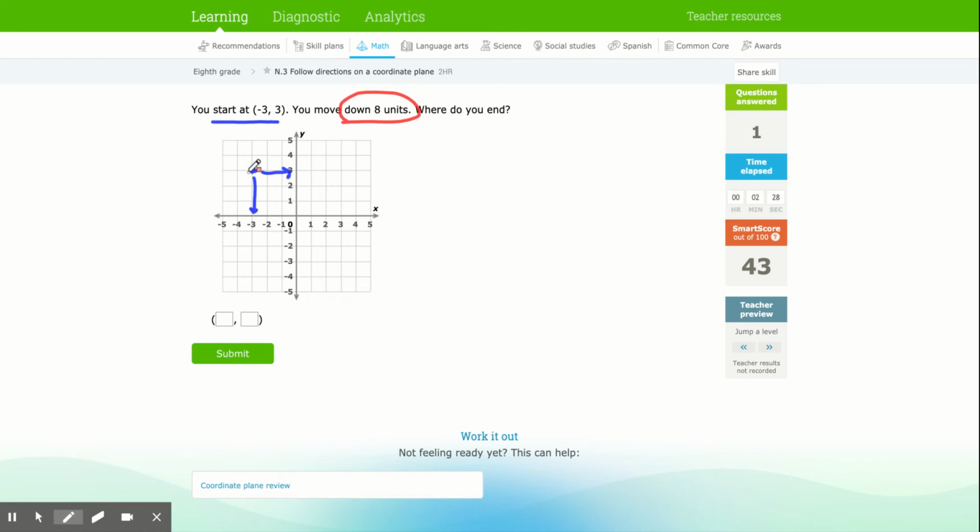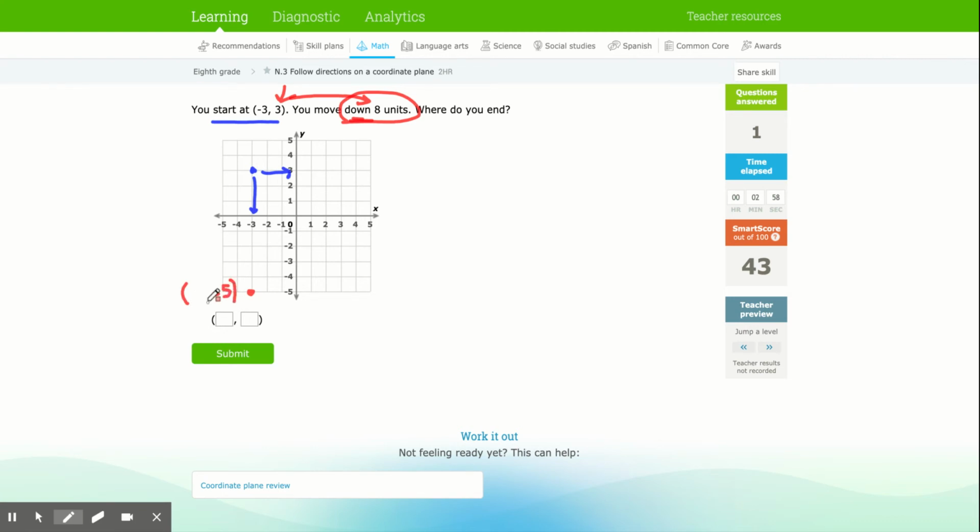Now you can take the time to go down 1, 2, 3, 4, 5, 6, 7, 8, but I'm hoping you get better at just saying, if I'm moving down, I got to subtract 8 from this 3 value. I'm going to change the y. So if I minus 8 from 3, I get to -5. So this point down here has a y value of -5.